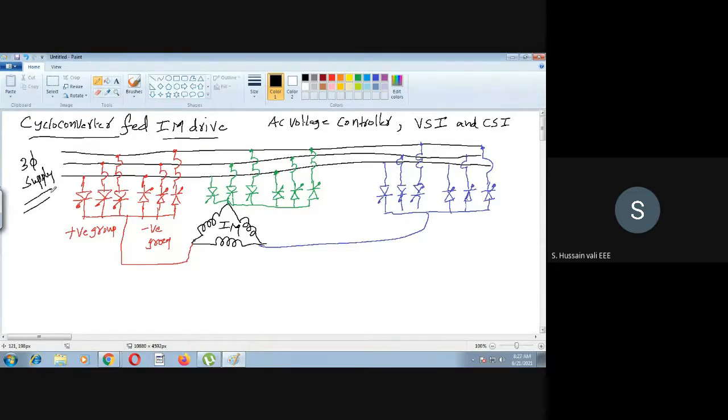This three-phase supply goes to the stator of the induction motor through a cycloconverter.